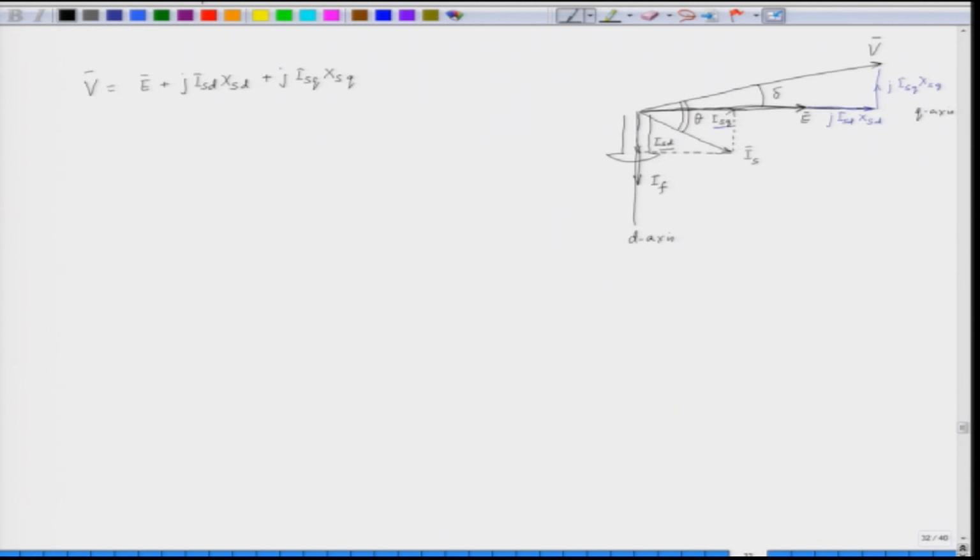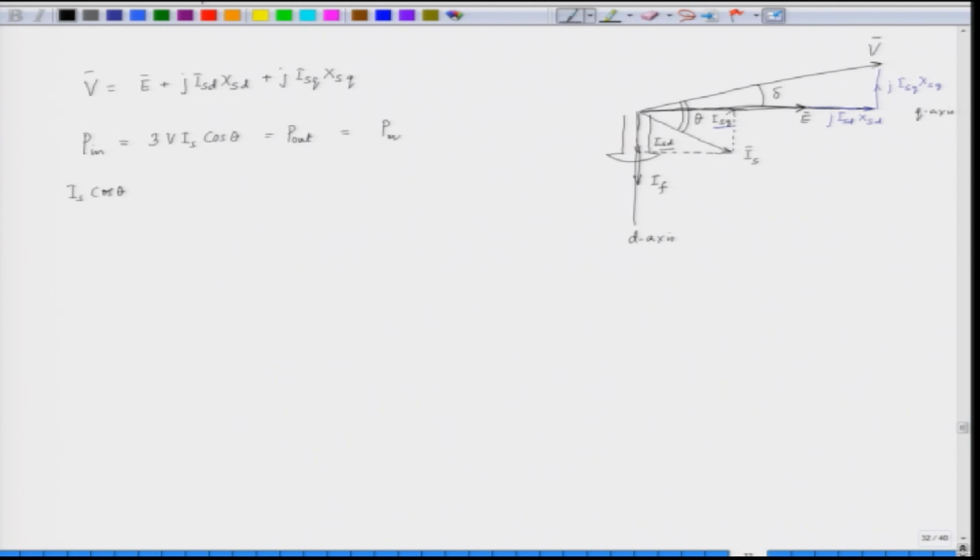So, we can find out as before what is the input power. P input is 3 V I_s cos theta. Since we have ignored the losses, that is equal to P out, the output power, that is equal to the mechanical power also. So, we need to find out what is I_s cos theta.